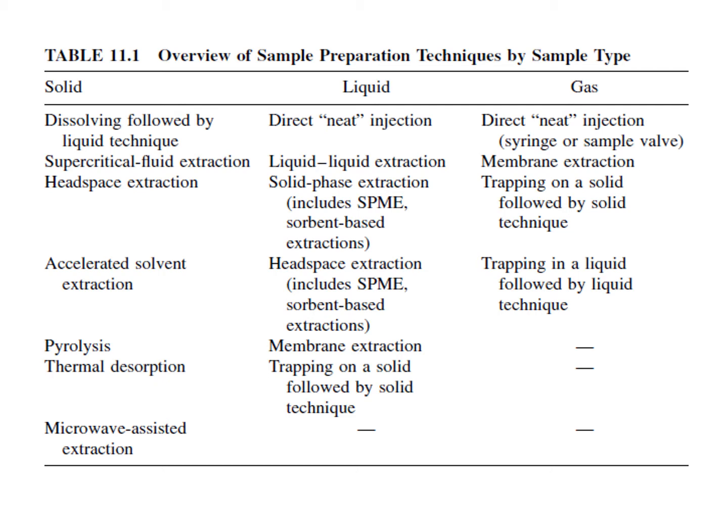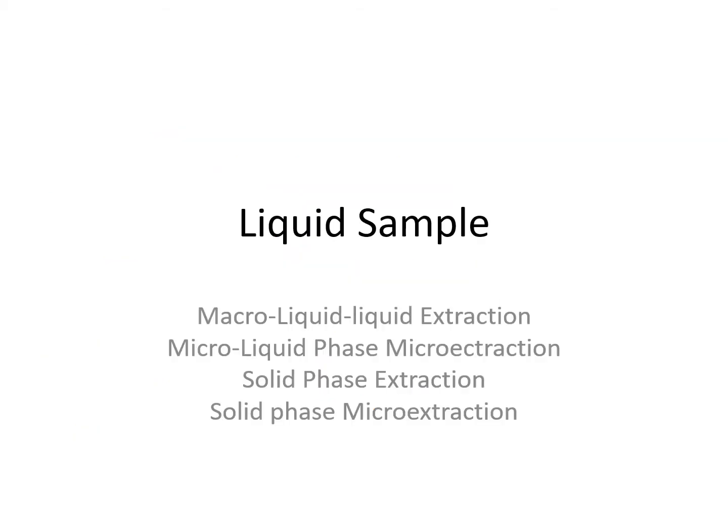So here, class, you can refer to what sample preparation techniques we can use according to the samples. As for liquid samples, we can use macro liquid extraction, liquid phase micro extraction, solid phase extraction, and solid phase micro extraction.